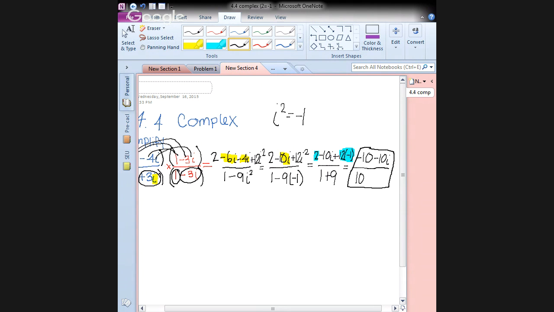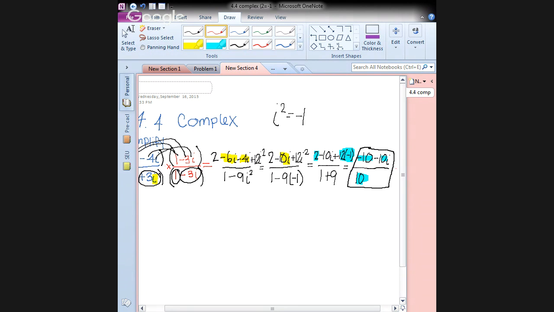But we can do some simplifying. Before we can say I have my final answer, I need to make sure, can I simplify? And if you notice, all three of these, we have a 10, a 10, and a 10, can all be simplified by 10. So 10 divided by 10, I get 1, and I'm going to do that 3 times.